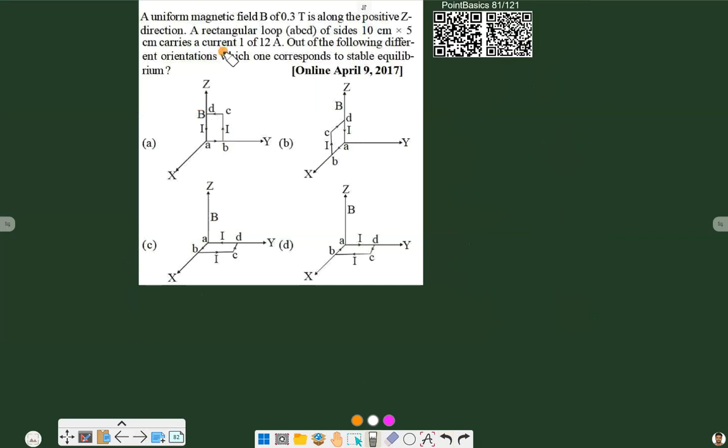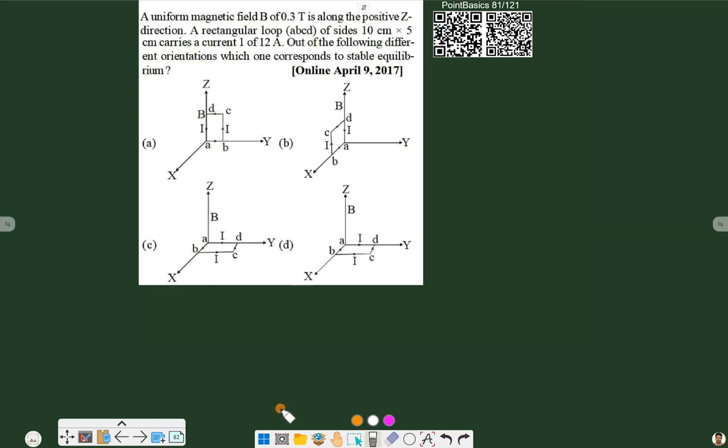A uniform magnetic field B of 0.3 Tesla along the positive Z direction. So the field is in the positive Z direction. Sides are given and current is given. Out of the following different orientations, which one corresponds to stable equilibrium?